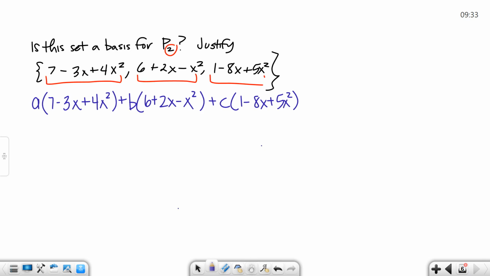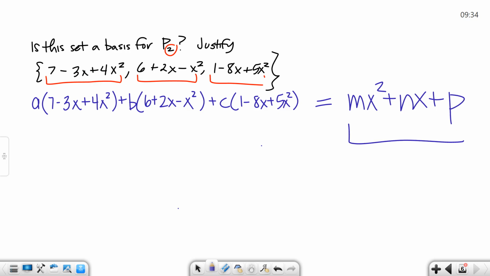Now then, finally, what spanning means is that you can find any vector in the plane, or it's not this one, sorry. We're not in a plane anymore. We're in polynomial space. So this would be mx squared plus nx plus p.